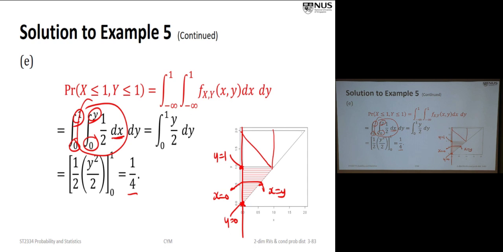And because it's uniform, I have to stress this uniform density. So therefore, the probability over this shaded part basically is 1/4 of the probability of the whole thing, right? And the probability of the whole region is 1. So you just have 1/4 of it. So the answer is 1/4. If you don't get 1/4, something is wrong with your calculation.